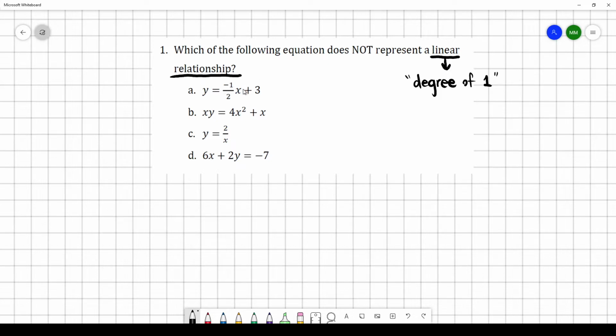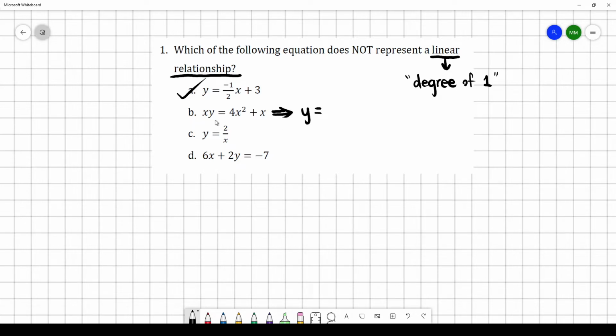So this one is just a y-intercept form. I think this should be pretty familiar. So this one is definitely yes. And then this one, at first glance, it looks like it is not. But remember about equation manipulation, you can simplify this a bit.